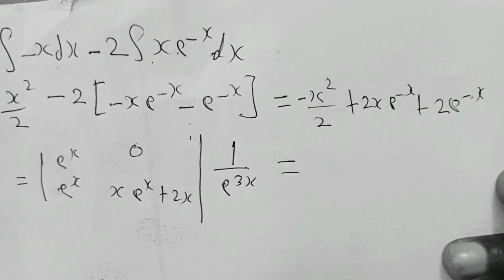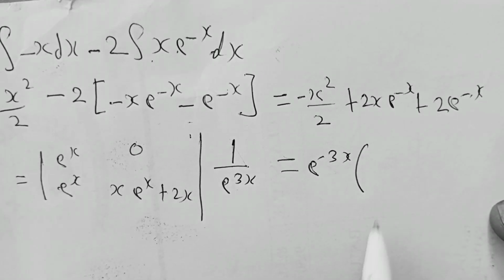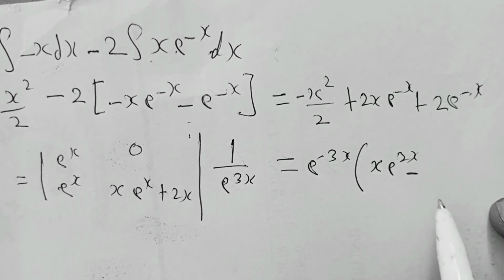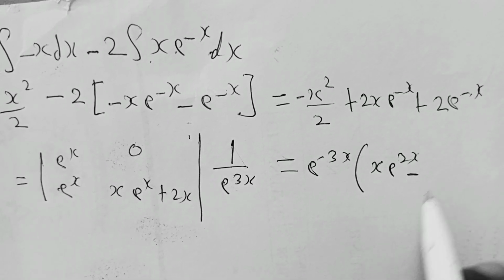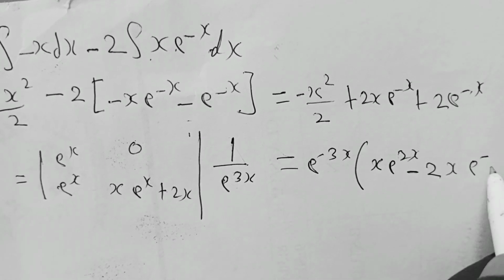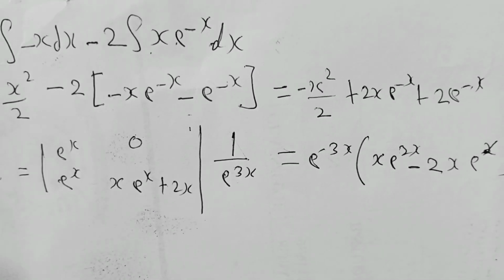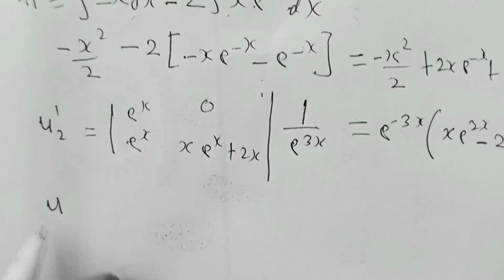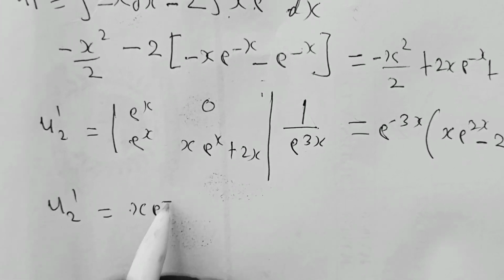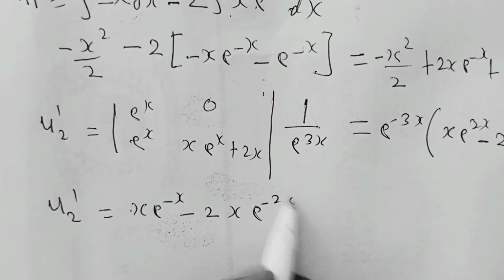This is equal to exponential negative 3x into bracket x exponential 2x, then minus 2x exponential x. So our u2 prime is equal to x exponential negative x minus 2x exponential negative 2x.